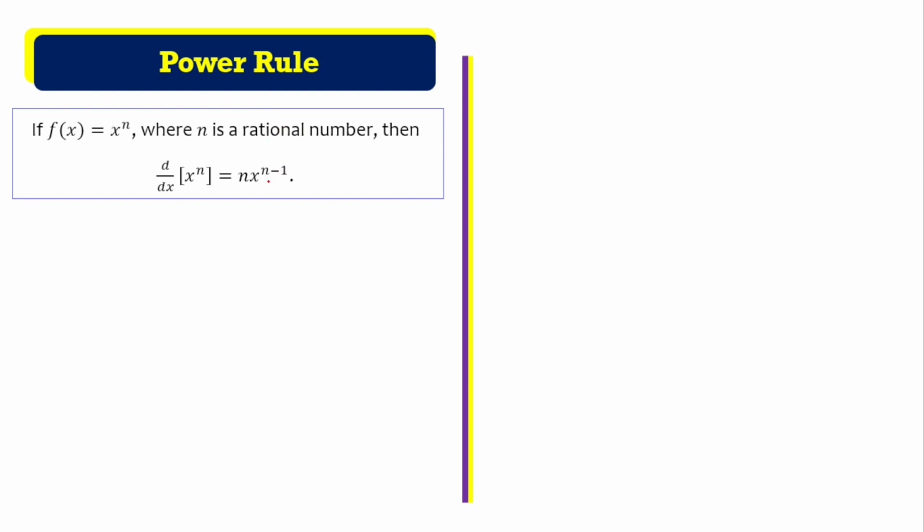Those are rational numbers. Then, if you want to get the derivative of x raised to n, you just need to multiply the exponent to the coefficient, which basically the coefficient of x is just 1. So n times 1 is just simply n, right? Then copy the x, then subtract 1 from the exponent.